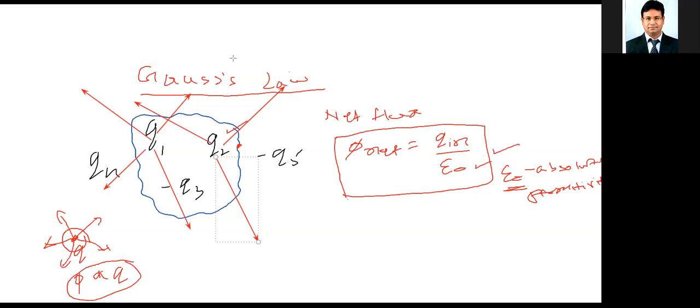Because of the negative charge, we'll represent it with another color so that you can understand it, the electric lines of force are coming inside. Then how many lines of force are going out and how many are coming in? The number of lines of force coming in is called flux inside, and the number of lines of force going out is called flux outside.